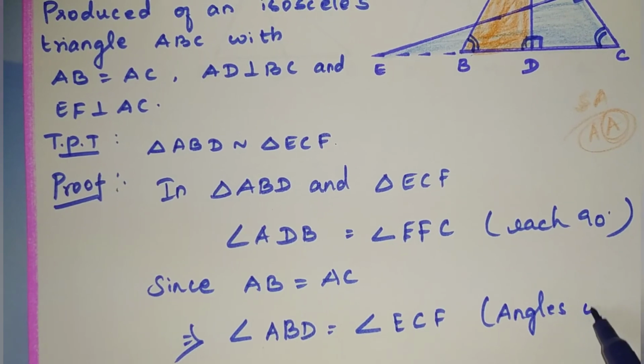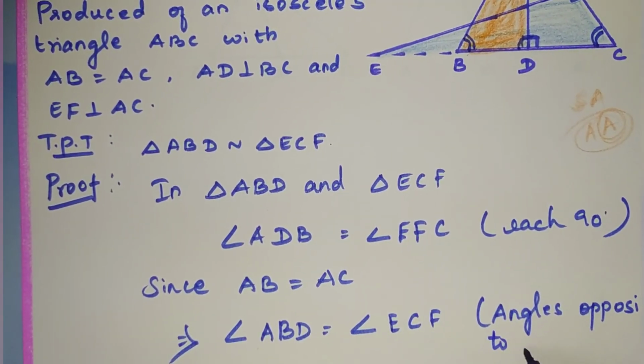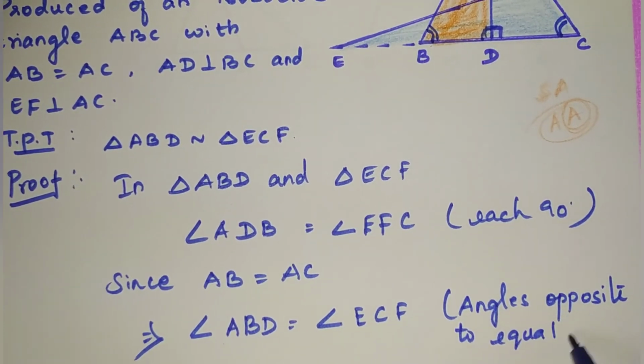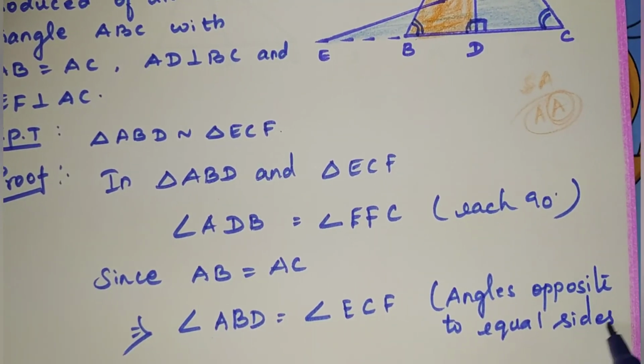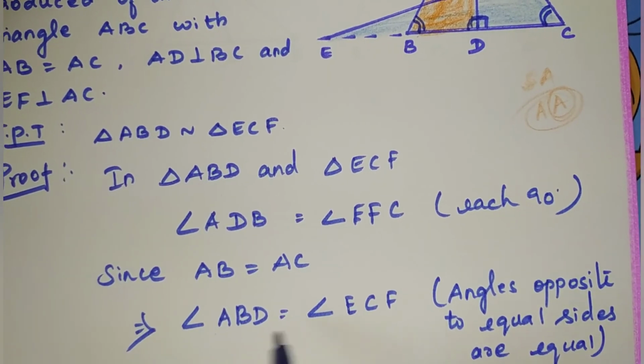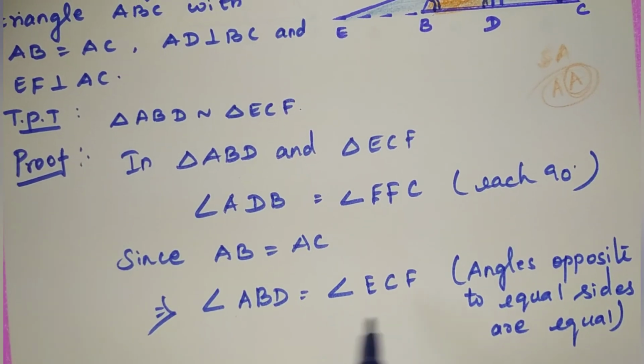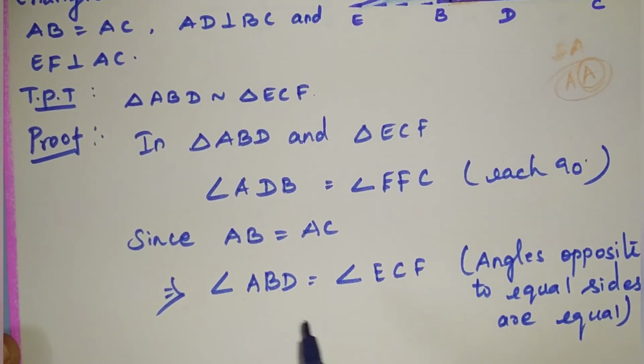Angles opposite to equal sides are equal. The angles are equal. Since the sides are equal, we can tell that the opposite angles are equal. Clear?